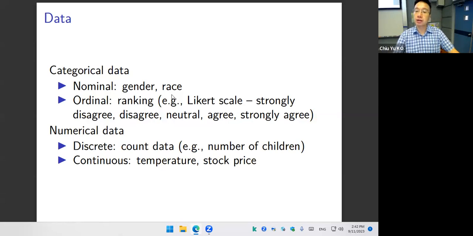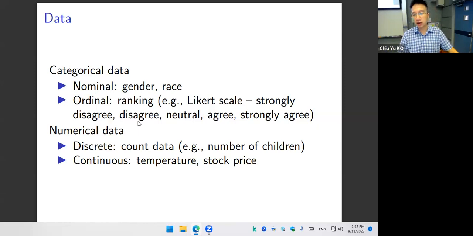Just to remind you that for ordinal data, adding, subtracting, and multiplication don't mean a lot, right? So when we calculate the mean, even the median, there's some issue there, because for the median you take the average of the two middle values if your number of observations is even, right?